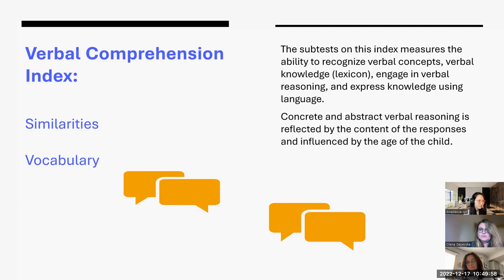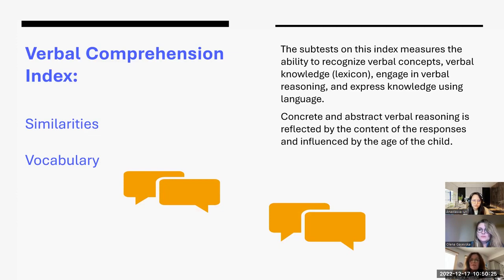How do we work on this index? What kind of exercises should we give to a person to tap into this reasoning? If they have an academic difficulty, sometimes, with the ability to analyze language, you have to have the vocabulary. So this is an important piece for both subtests. You have to have that lexicon.